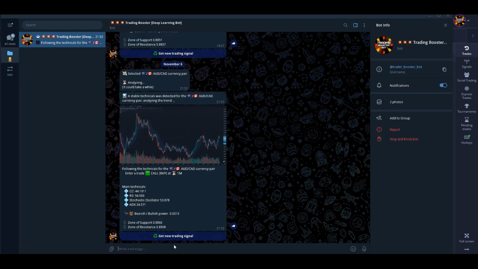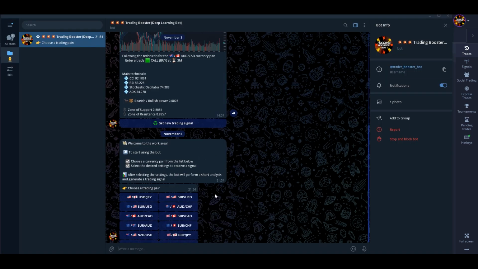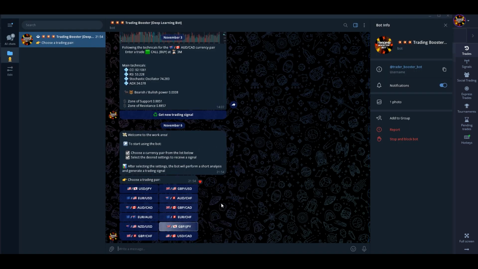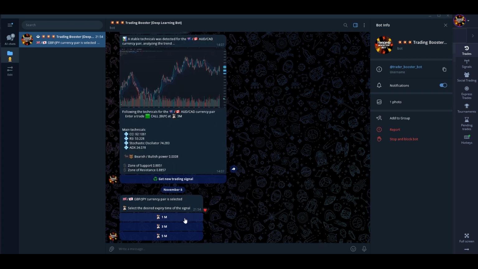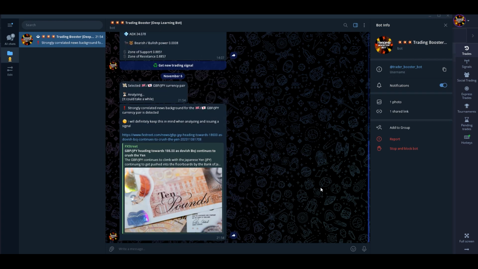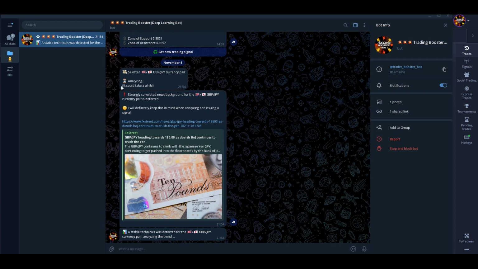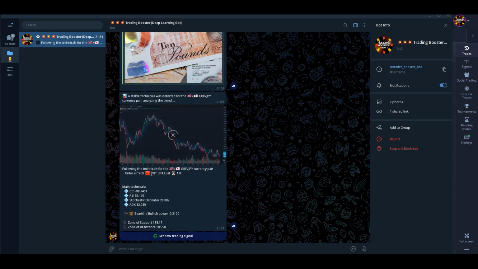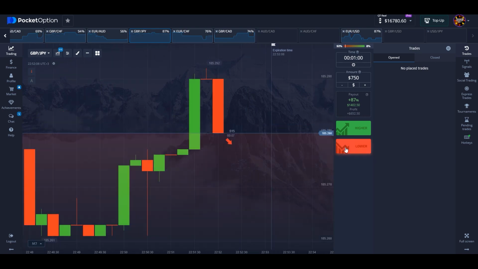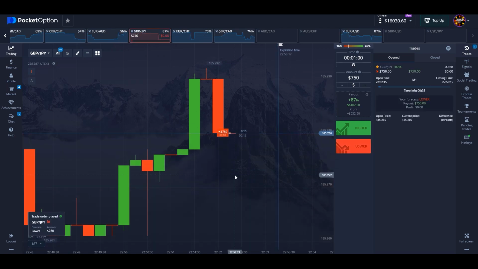I go to the bot, I get a new signal, choose British pound Japanese yen, and the trade time is 1 minute. I get trading news from the bot. And I get a sell signal. I open a sell trade on the new candle.